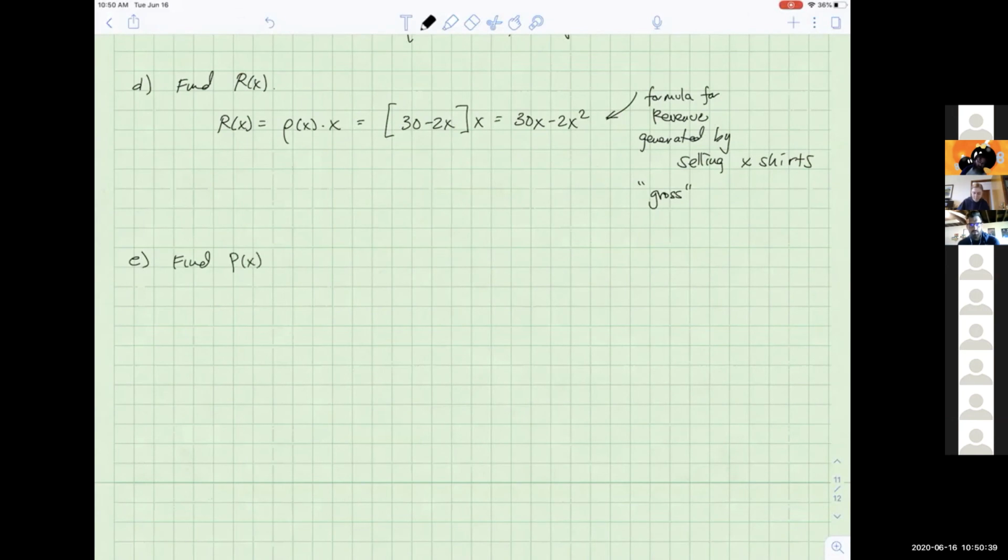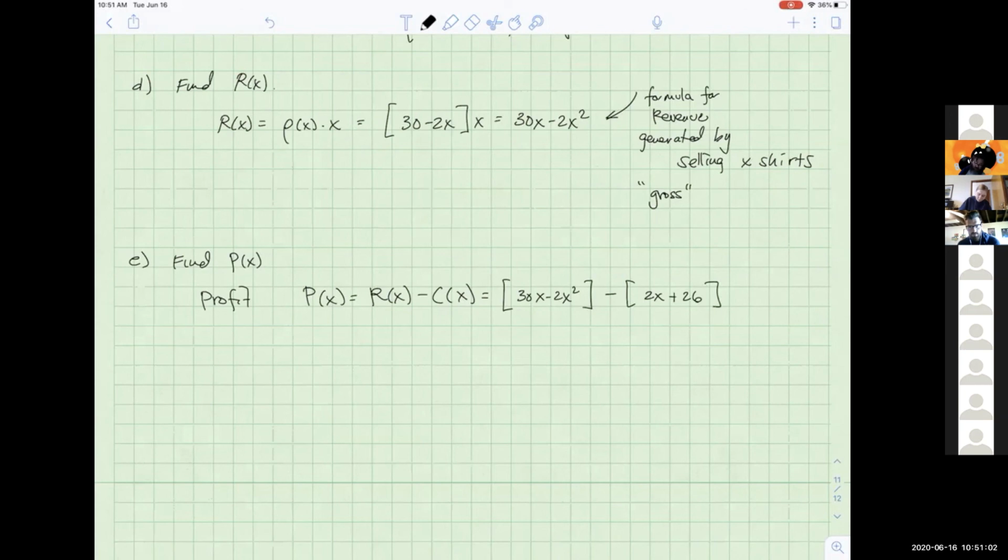Find P of X, the profit function. Well, the profit function, P of X, is the revenue minus the cost. Do not forget to use parentheses here. That's 30X minus 2X squared from above, minus the cost function, which is 2X plus 26.